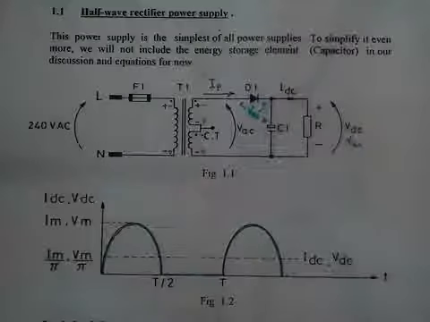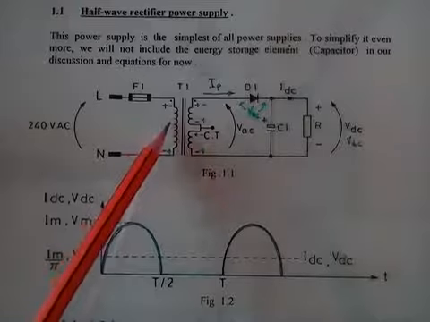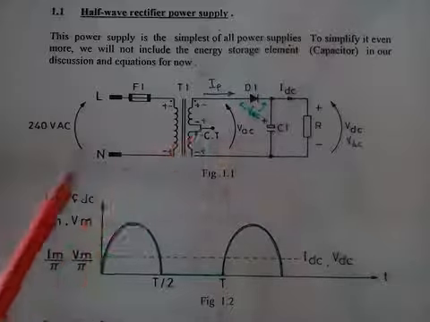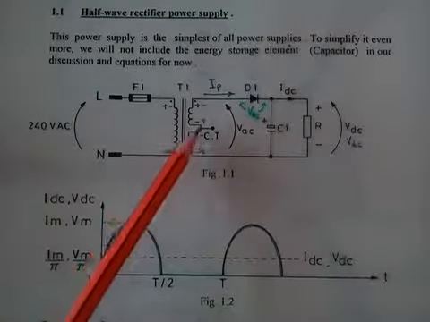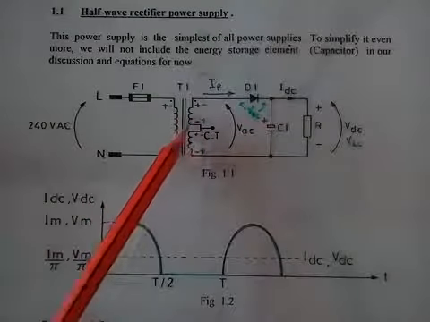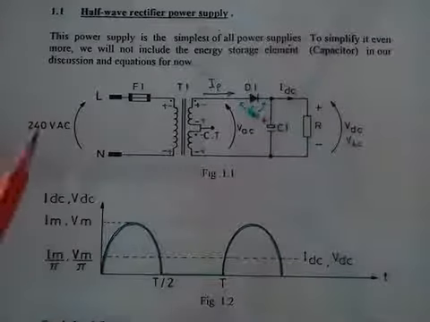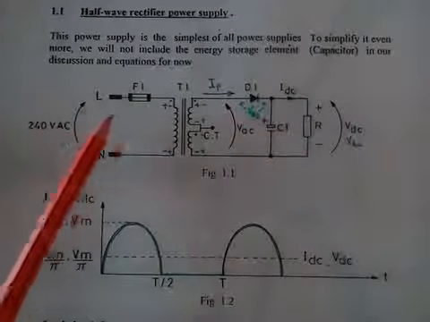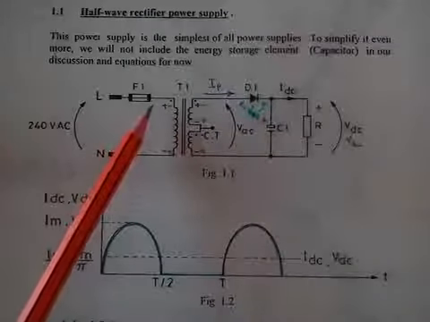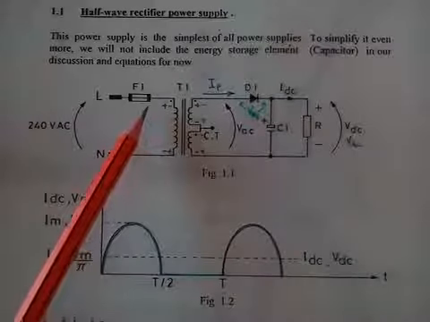Now, how does this circuit operate? You have the primary side in here, you have the secondary side in here, and you have your center tab. That center tab is just a piece of wire through the middle of the two secondaries that you see in here. Okay. Now, when you have the signs, the polarities, the blue polarities, that's what we are going to talk about first.